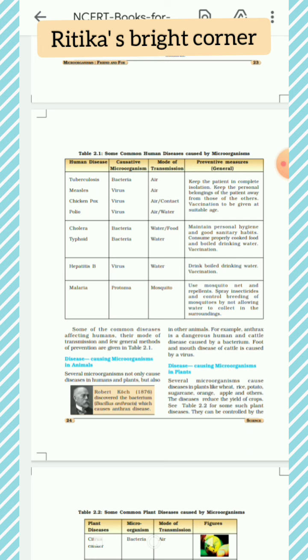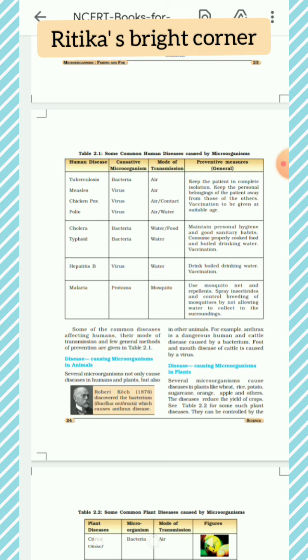To prevent these, maintain personal hygiene and good sanitary habits, consume properly cooked food and boiled drinking water, and also get vaccination. Hepatitis B is another human disease caused by a virus. Its mode of transmission is water. So we should drink boiled water and get vaccination.